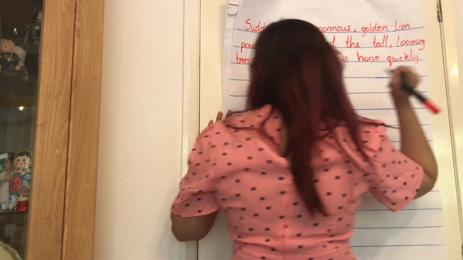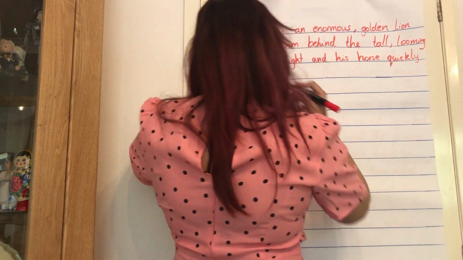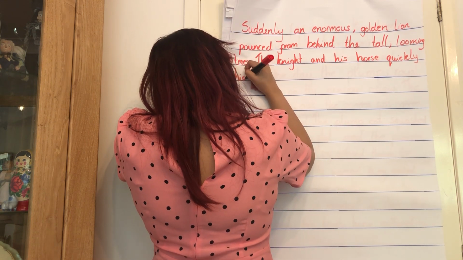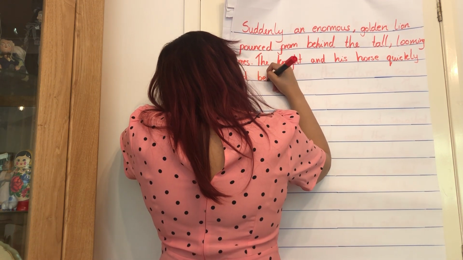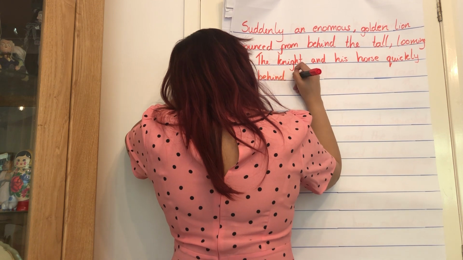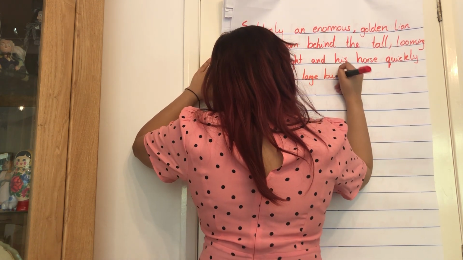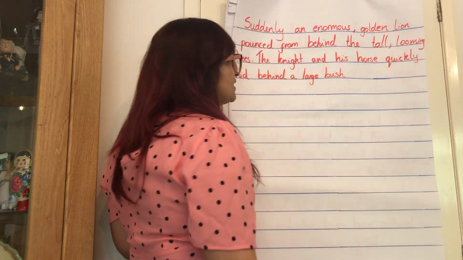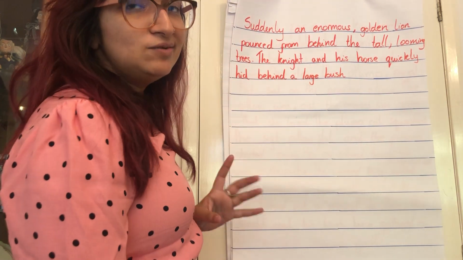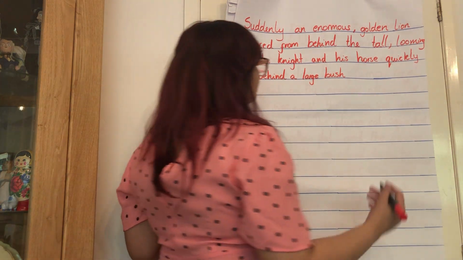You'll quickly hide. So the knight and his horse quickly hid behind a large bush. Why did they do that? Because they didn't want the lion to see them.